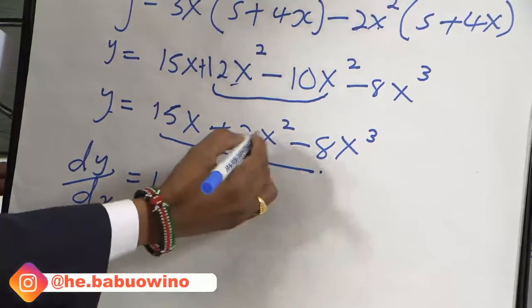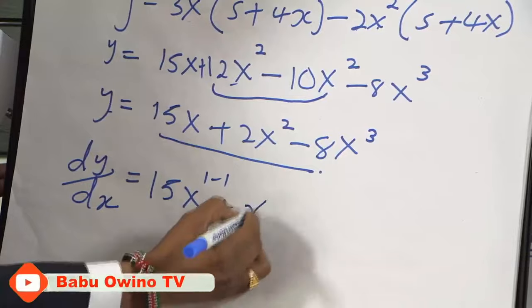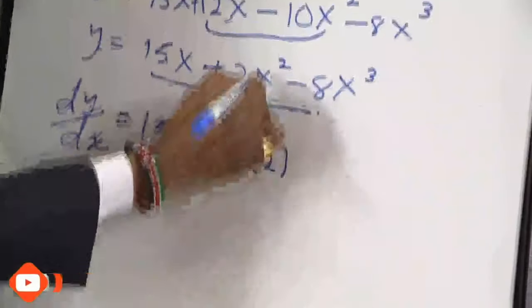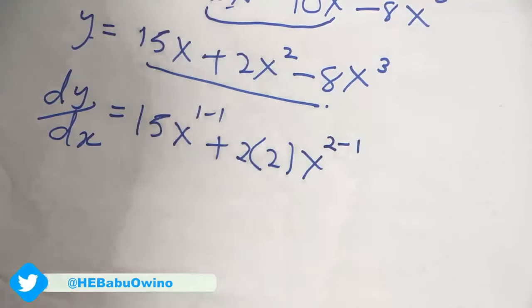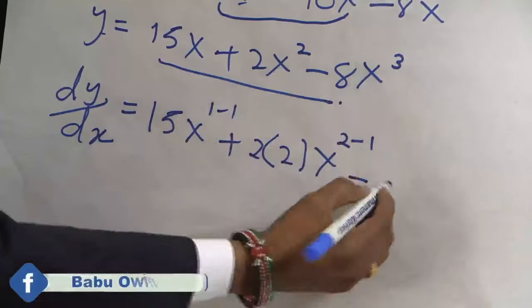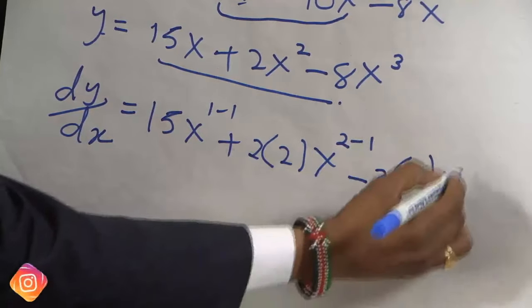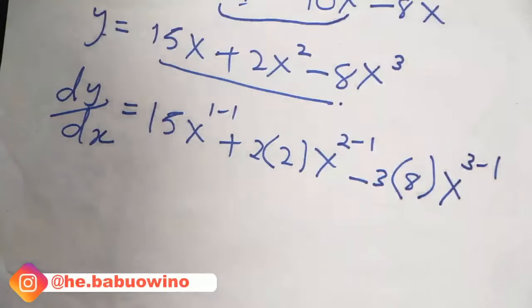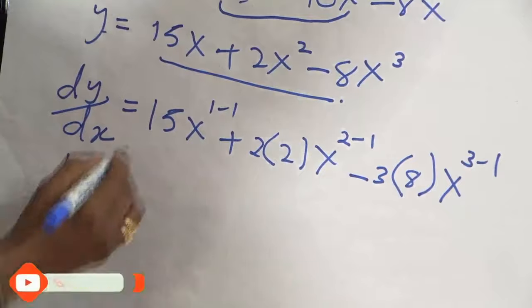Then plus 2x squared differentiated, you drop down the power 2, then you multiply by the constant 2, then we have x, then 2, you subtract 1. Minus, drop down power 3, multiply by 8, x cubed, you subtract 1.